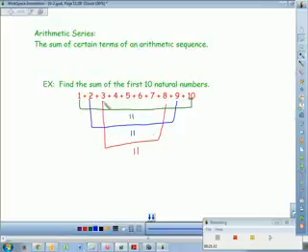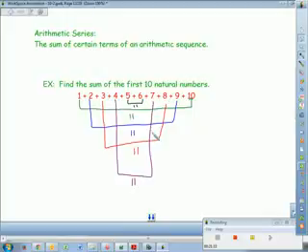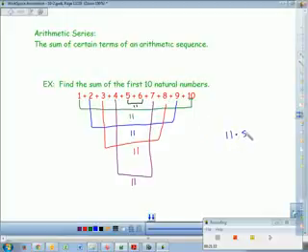This term and that term? 11. Then the next two terms? And finally, those two add up to how much? How many sets of 11 do we have here? So don't we really have 11 times 5, correct?